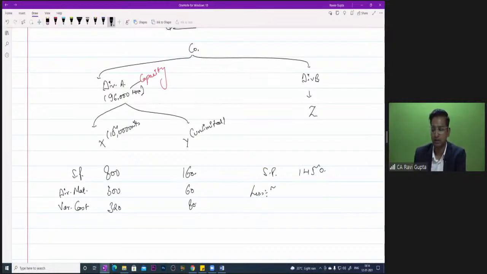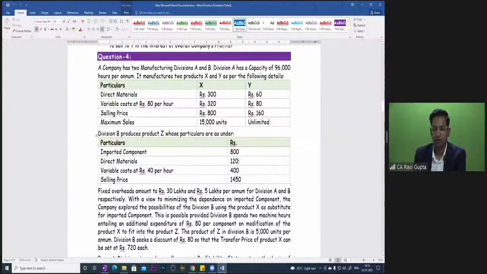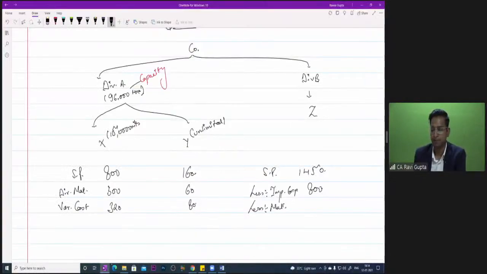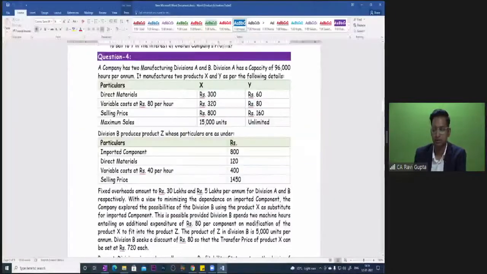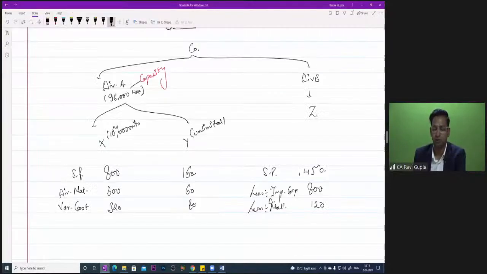Less imported component 800 rupees, less material, we have a material of 120 rupees, direct material, and then we have variable cost of 400 rupees, less variable cost of 400 rupees.